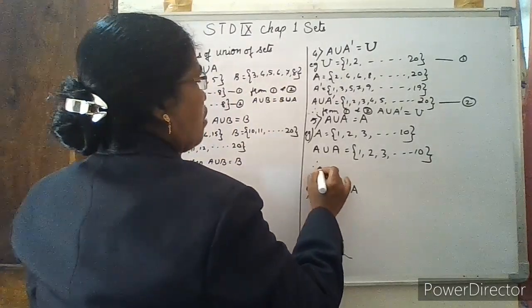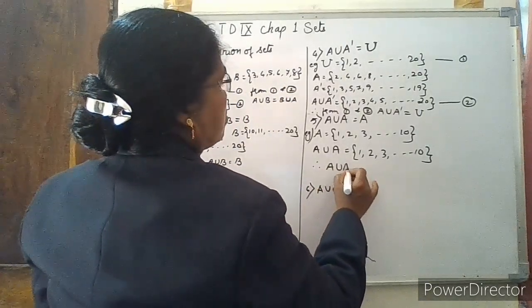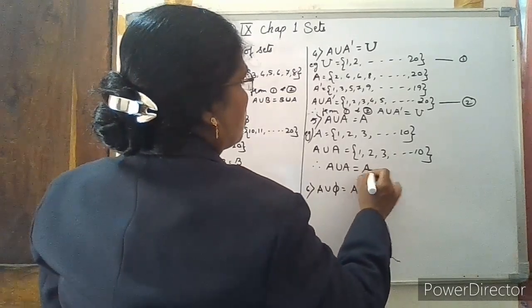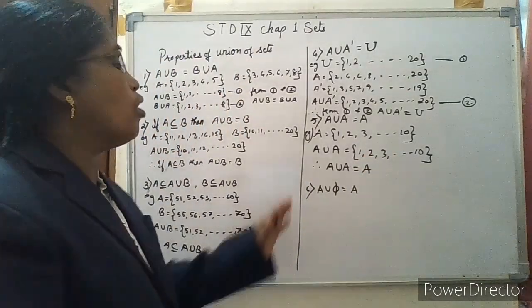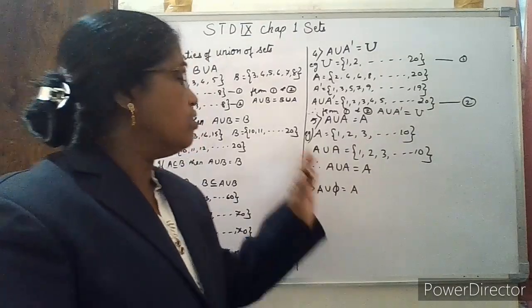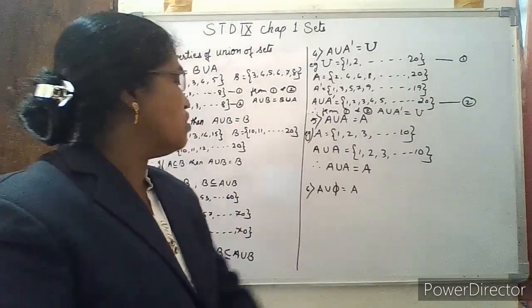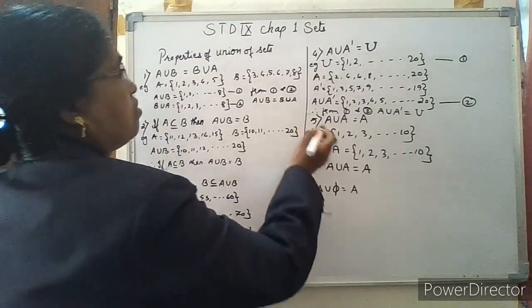So therefore we can say A union set A is equal to set A itself, or B union B is equal to B. C union C is equal to set C. So this was the fifth property.